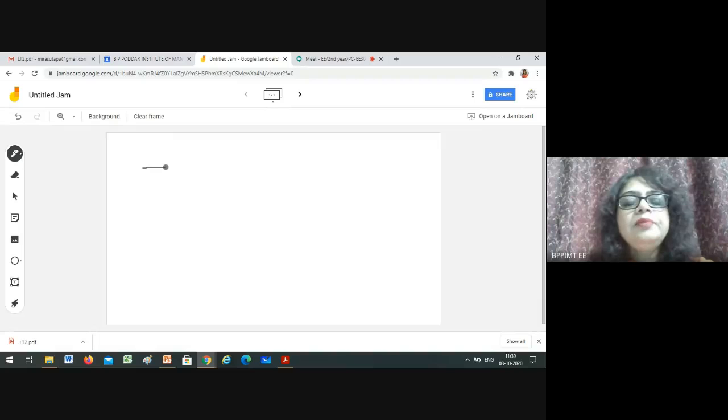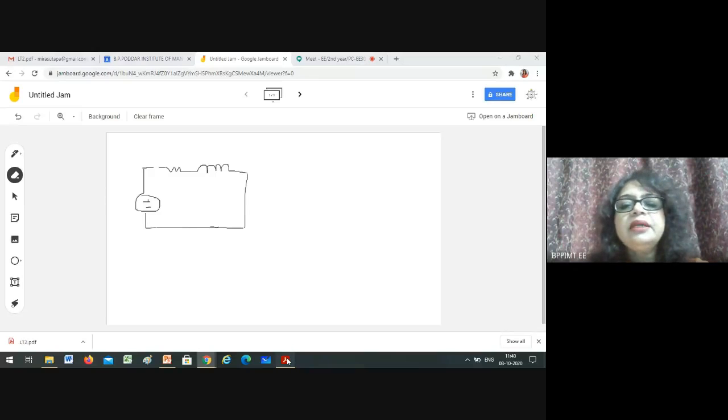Again, I am drawing the RL series circuit. There will be a switch here.